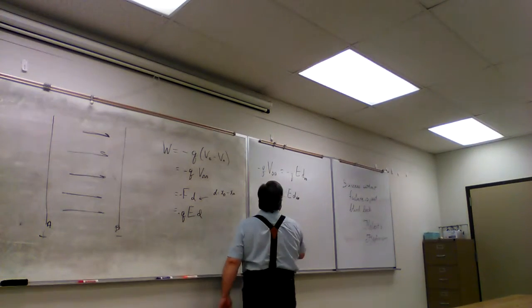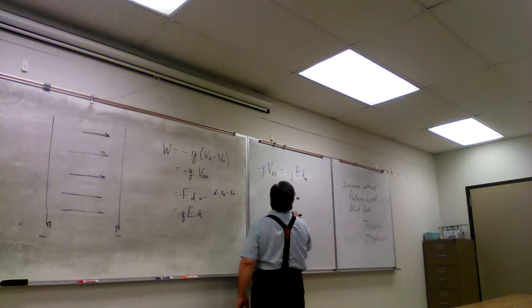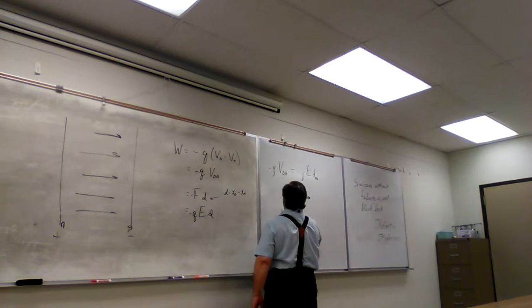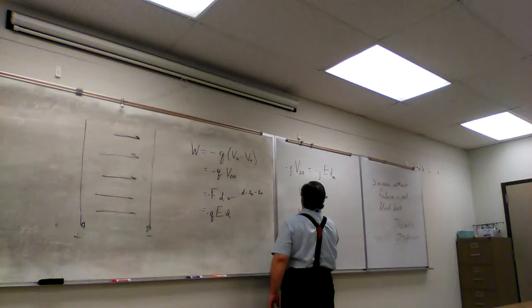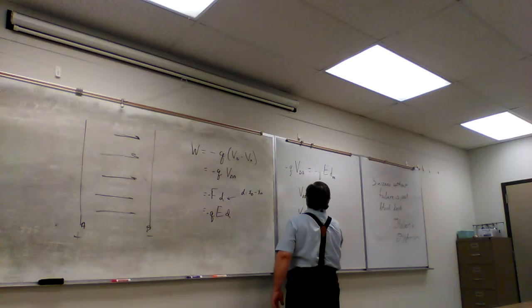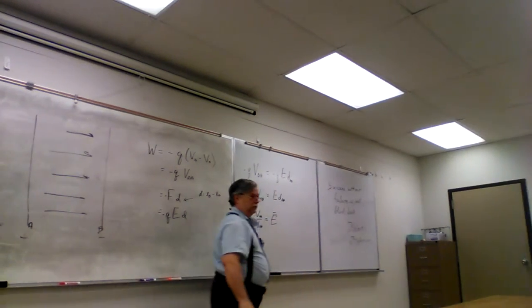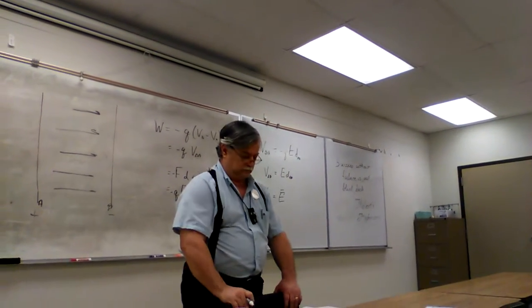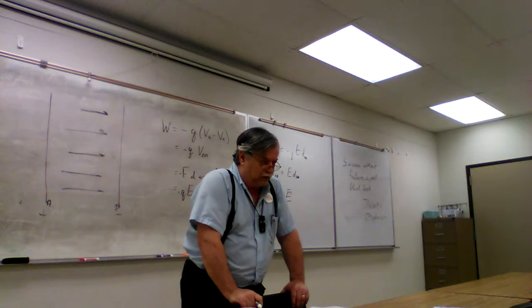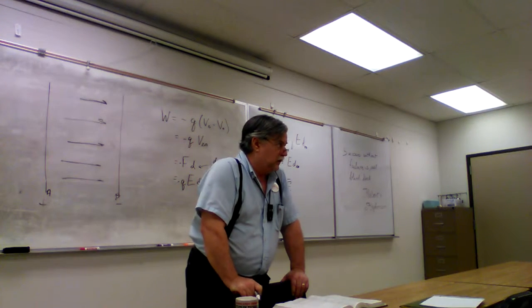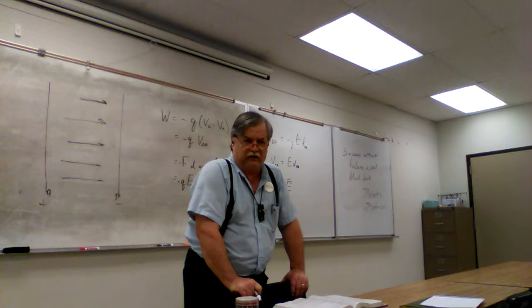Well, what happens if we divide both sides by that distance? We get voltage from A to B divided by the distance from A to B is equal to that electric field. Now look at the units here, because this is one of the places where this can get kind of confusing.